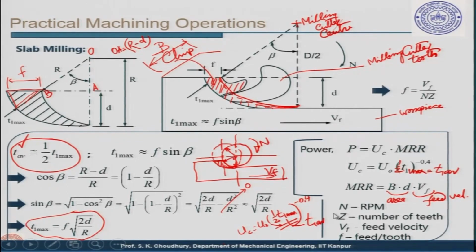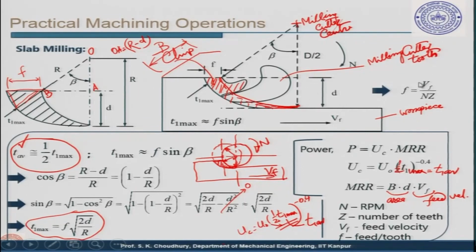Where N and Z come into the picture: in case of milling, the feed is given as feed per tooth, because the number of teeth will be more than 1 or 2.